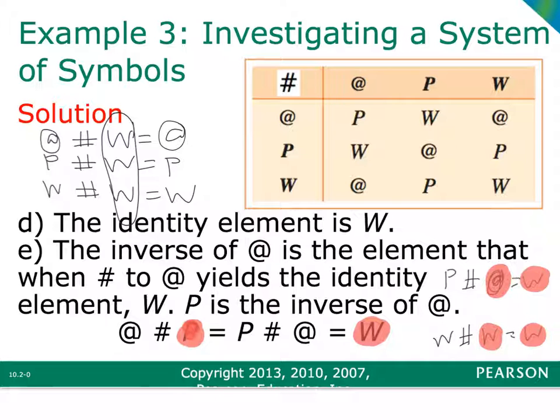We're trying to get to our identity element, which is W, for each of these cases. So we combine each with whatever gives us that identity element: for @ it's P, for P it's @, and for W it's W. Okay, so that's how we find our inverse. It's a little bit tricky to do that sometimes.